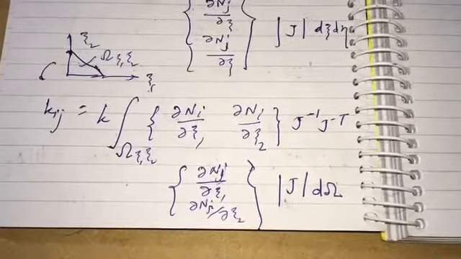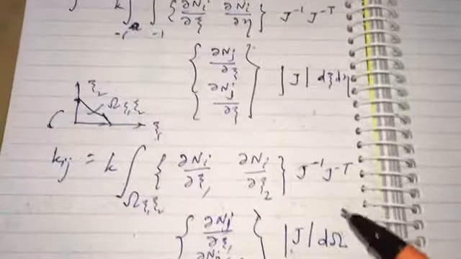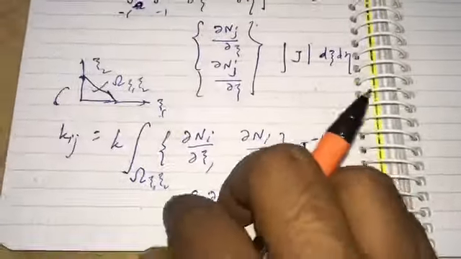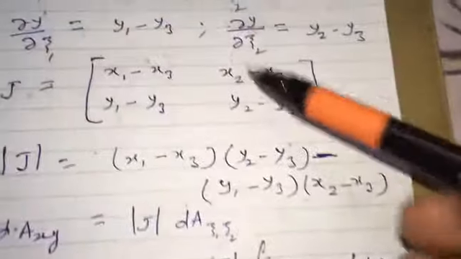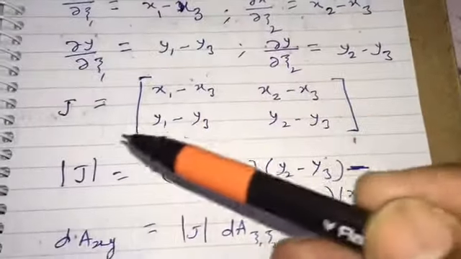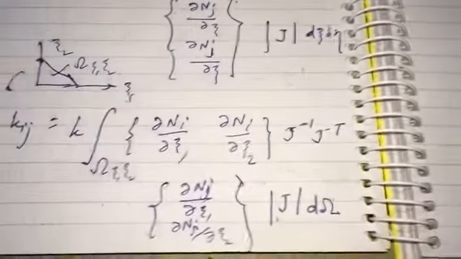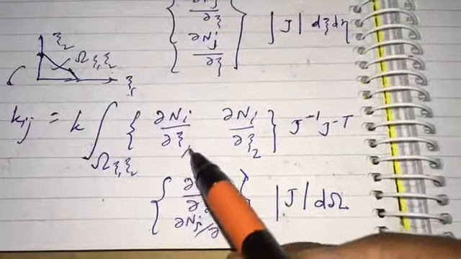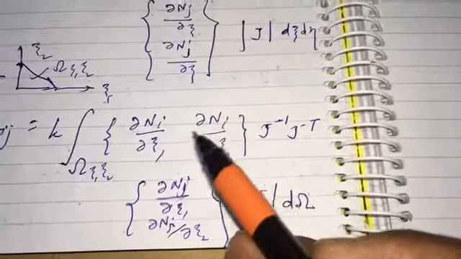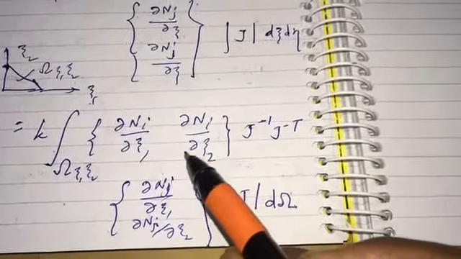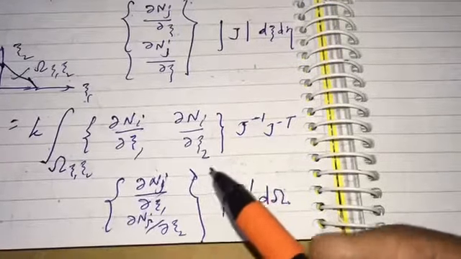In this particular case, as we have seen, J is a constant matrix. In general, all the derivatives with respect to xi1 xi2 are constant, because n1, n2, n3 are all linear in xi1 xi2 xi3.